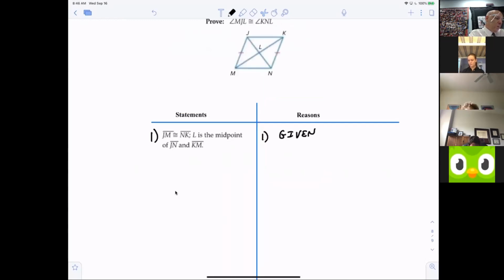JM is congruent to NK. L is the midpoint of JN, and L is the midpoint of KM. So someone please tell me, what does that mean? Come on, someone be brave. Go, Kenzie, what does that mean? Step number 2.